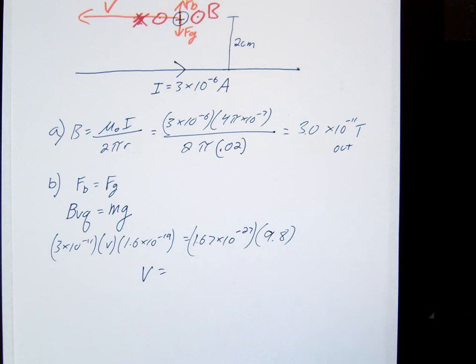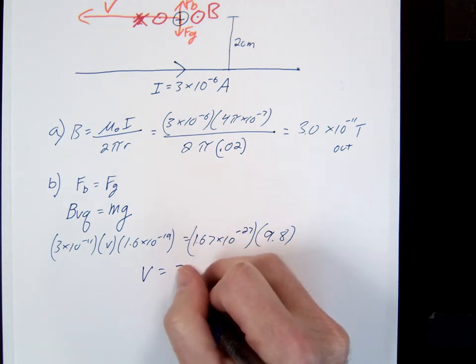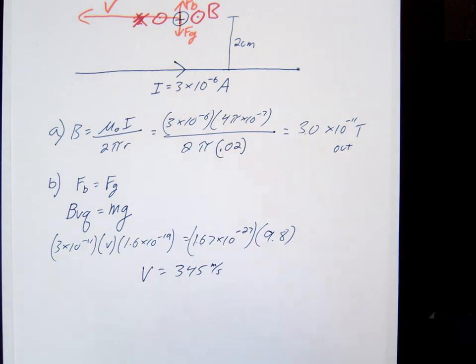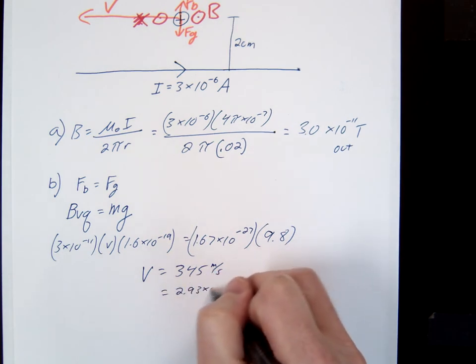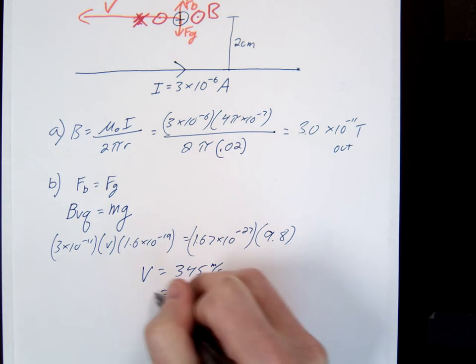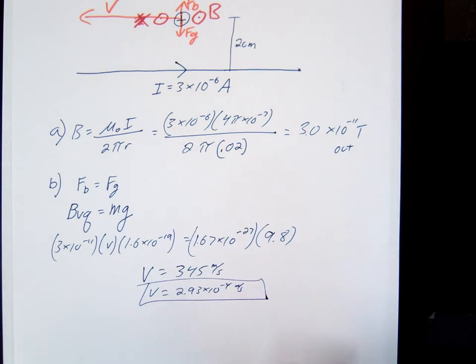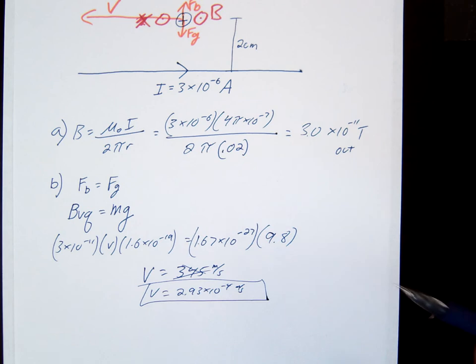How much is it? Kevin, you got it? 345? Is that being confirmed? No? 2.93 times 10 to the negative 4. Yeah, that's what I thought. Is that being confirmed? Okay, good.